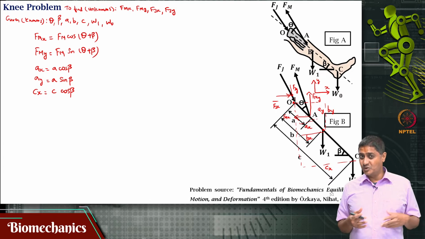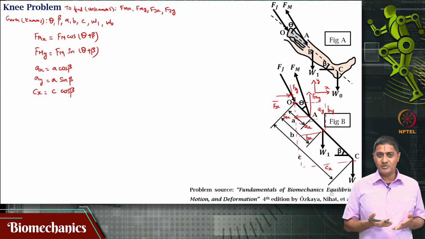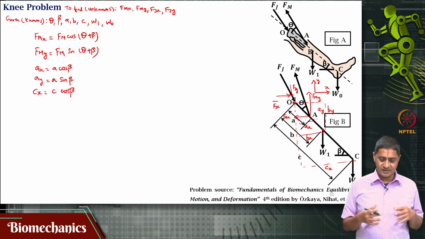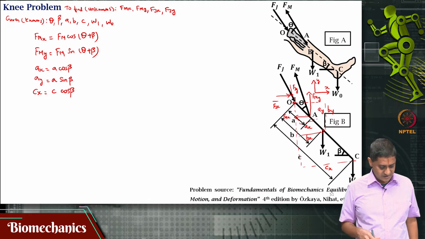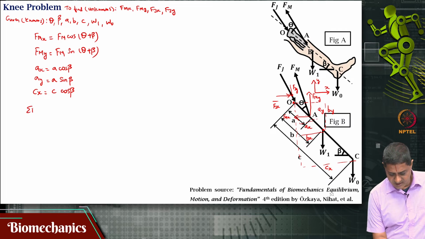Because there are many unknowns, it will be useful if I take the moment about one of the points for which I know the moment arms or I know the axis is rotating, for example. So, this is very convenient. So, I am going to write sigma M suffix O, counterclockwise considered positive, is 0.